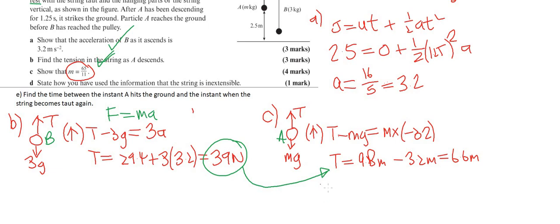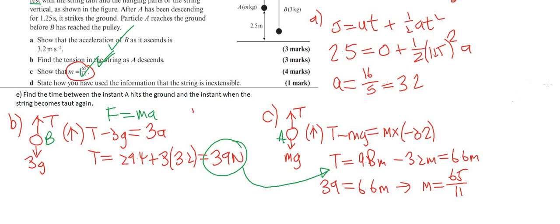So now I can make this 39 equal to 6.6m, and therefore m is 39 divided by 6.6, which actually gives me 65/11. So we have shown that that is the mass of A, just by using that light inextensible string meaning tension is the same on both sides of the pulley.